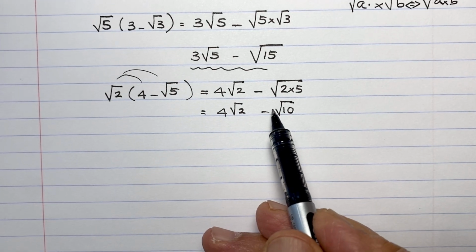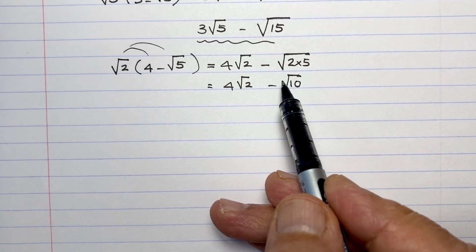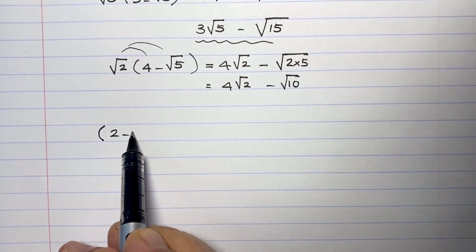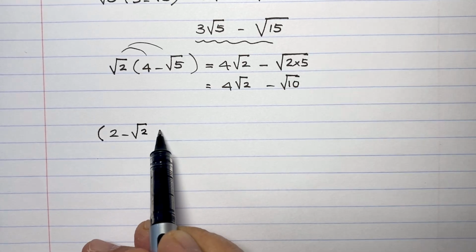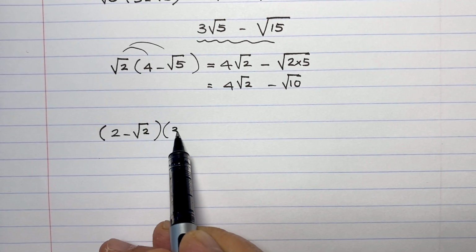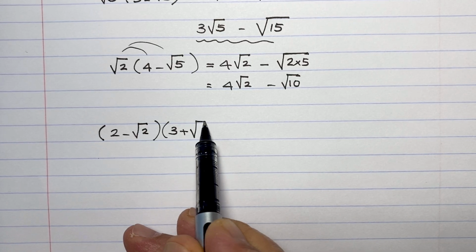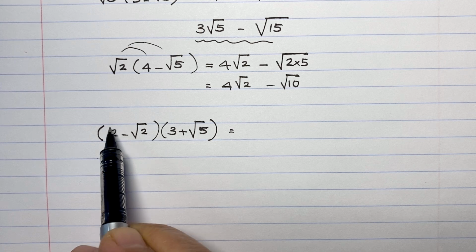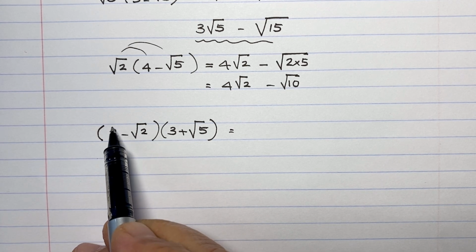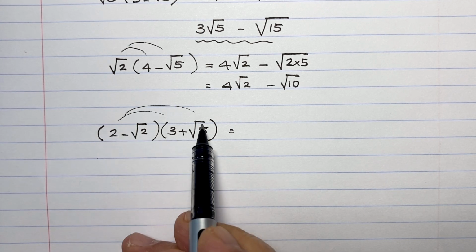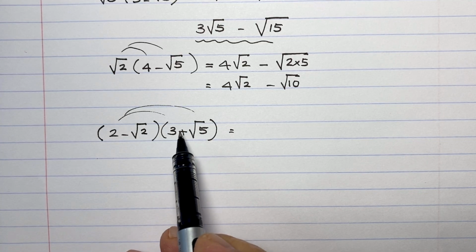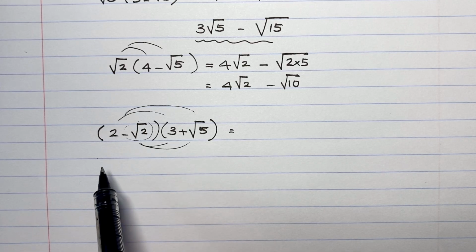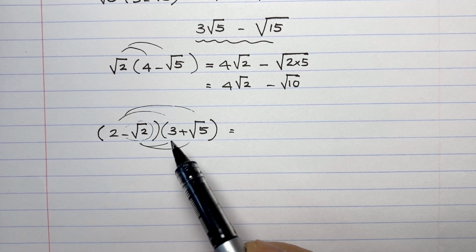Now, we can go on to open 2 brackets. 2 minus root 2 multiplied by 3 plus root 5. As before, the first term multiplies by every term in the second bracket, and then we go to minus root 2 and times, and we simplify if possible.